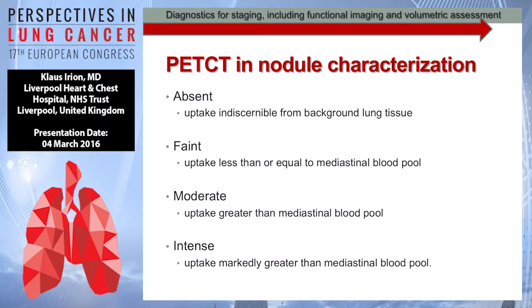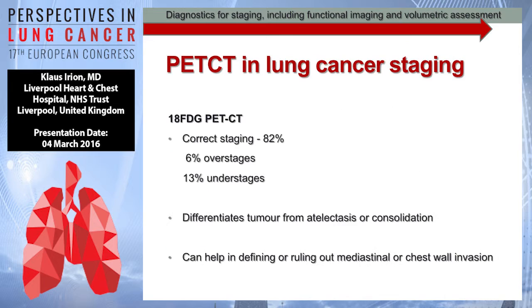This is a little bit more complicated for us to compare, but just for you to know that we now compare with the background uptake in other structures to see the probability of malignancy.